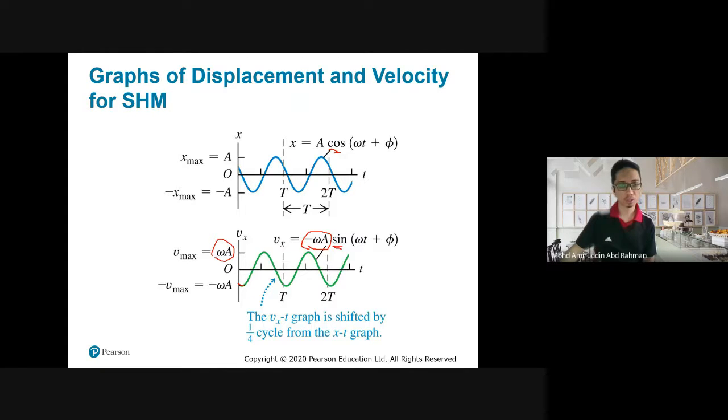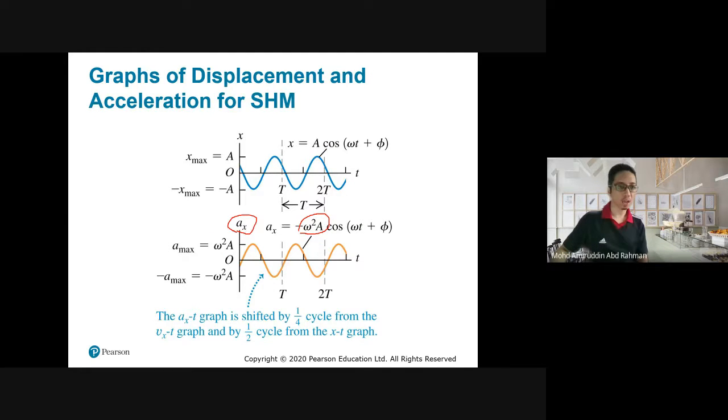So that's the relationship of the graphs of displacement and velocity. This is for the displacement, this is for the velocity, and this one is the acceleration. Those are the three different graphs for simple harmonic motion.